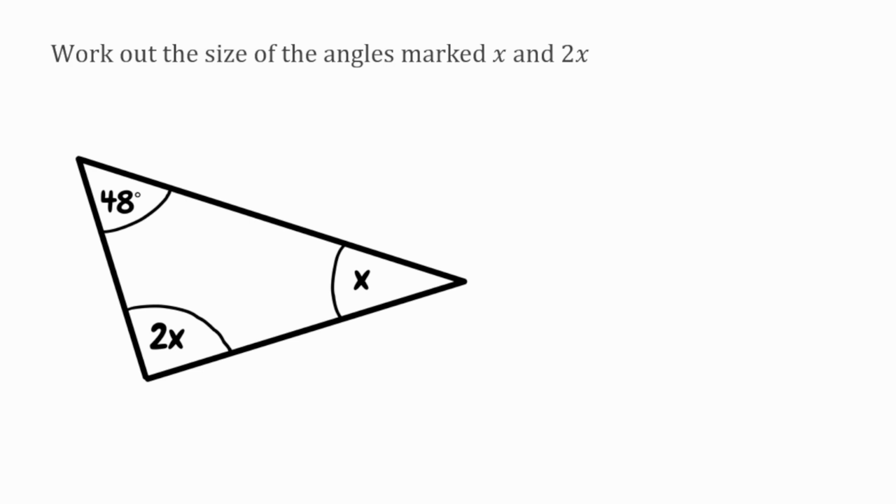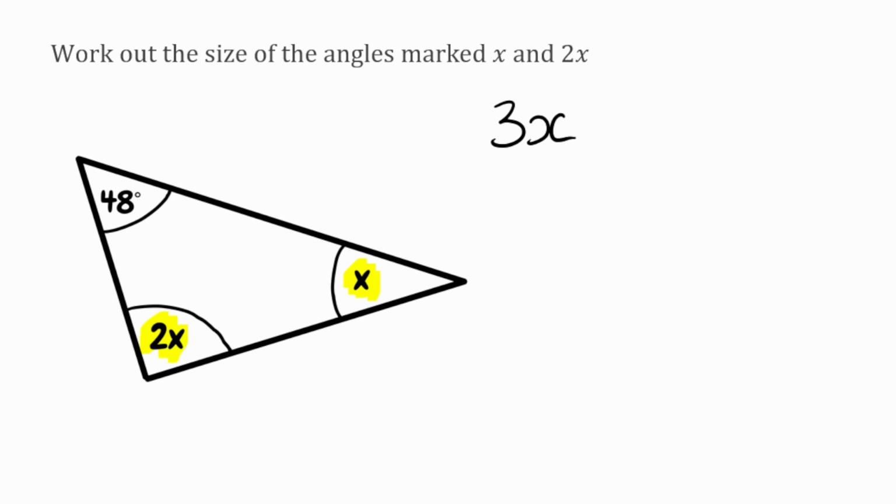And for this last one, we've got a bit of a trickier question. This time we've got to work out the size of the angles marked x and 2x. So we've got a bit of an algebra problem this time. What we can do in this scenario is collect our like terms and make an expression for the sum of the angles. So 2x add this x here gives me 3x, 3 lots of x.